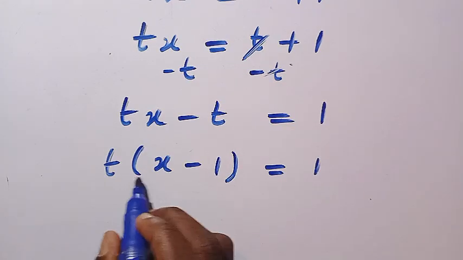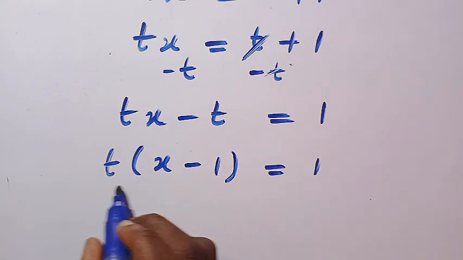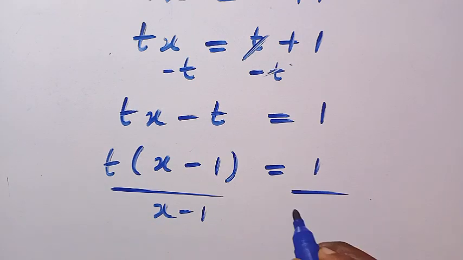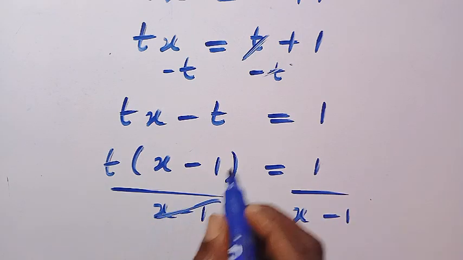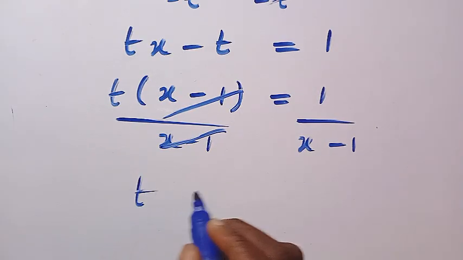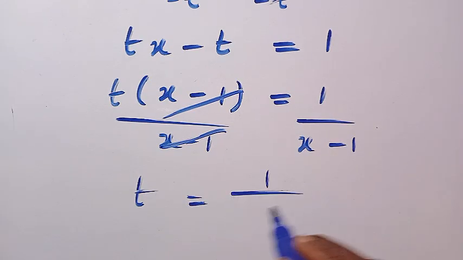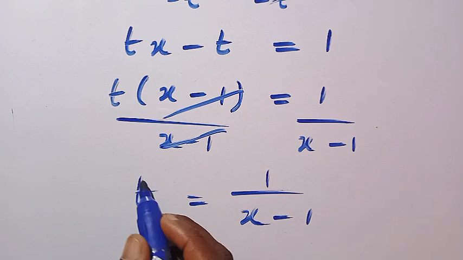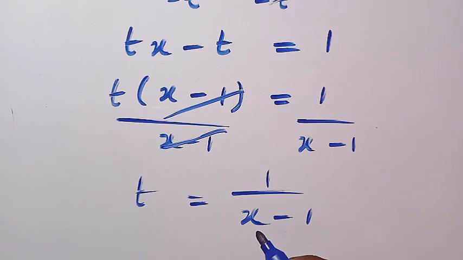Let's divide both sides by x minus 1 to obtain t as the subject of the formula. The x minus 1 cancels, and we have t equals 1 divided by (x minus 1). This is how we make t the subject of the relation.